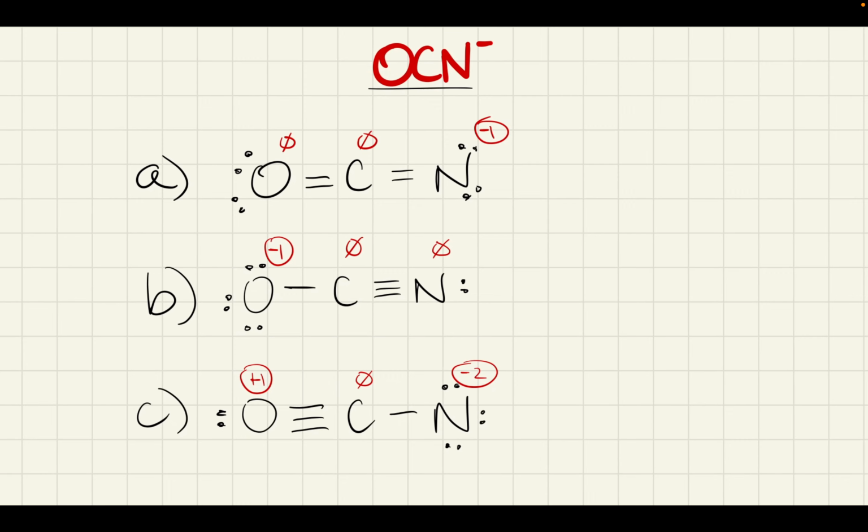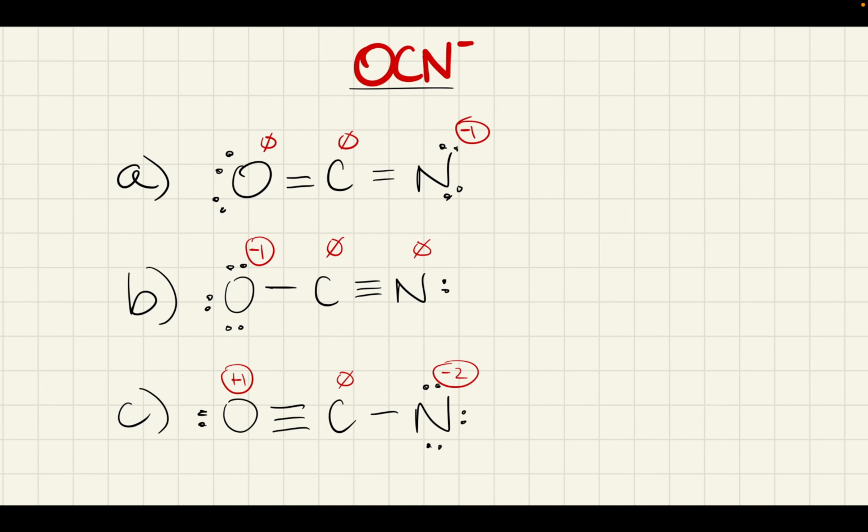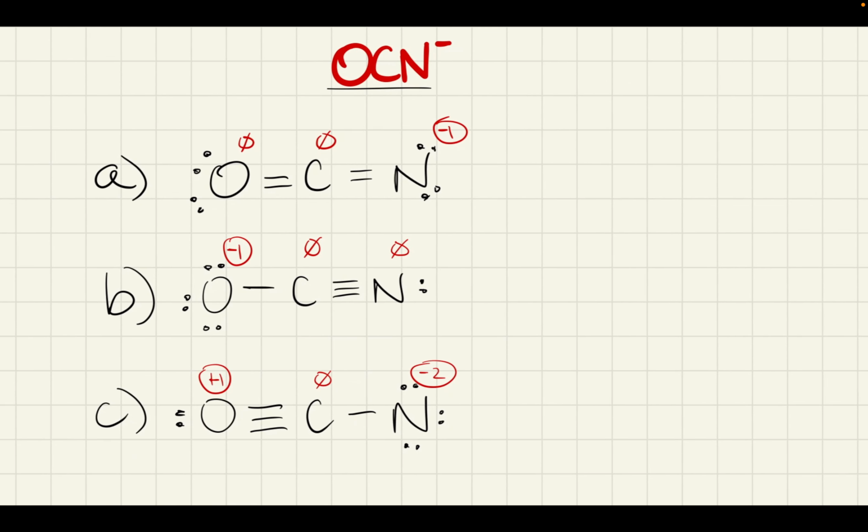Okay, so here's the rule. Every atom likes to have a formal charge of 0. So the main point for the best structure is we want as many 0 formal charges as possible.